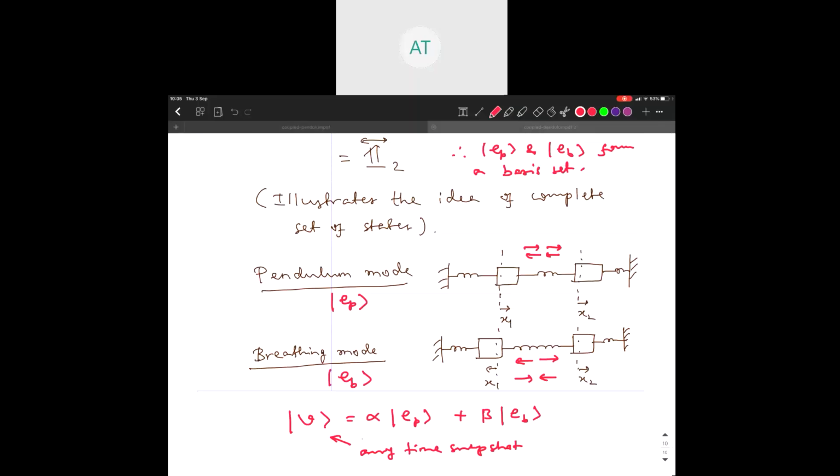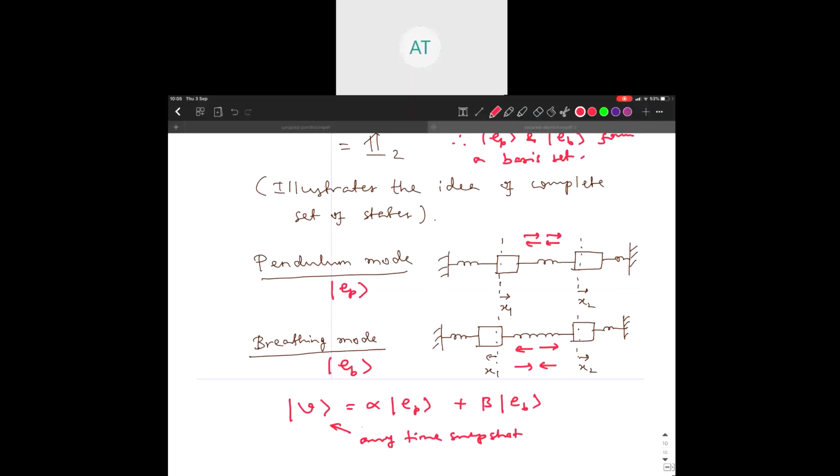What we have done is essentially something called the modal analysis for this problem. So we have found out the modes of vibration and the corresponding frequencies for that.